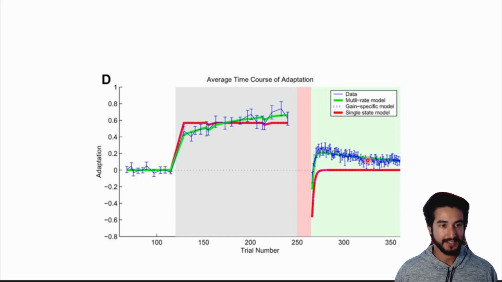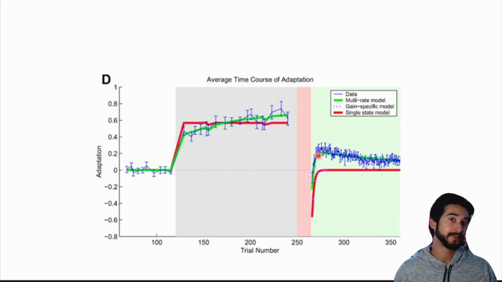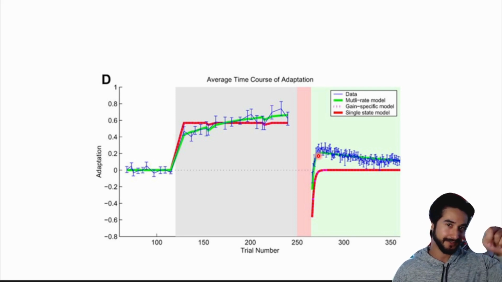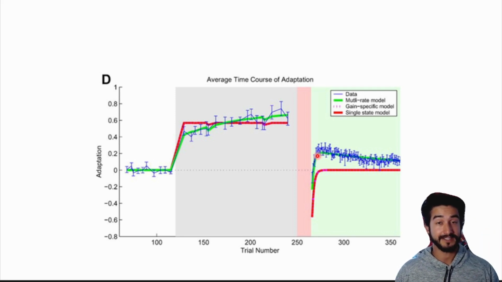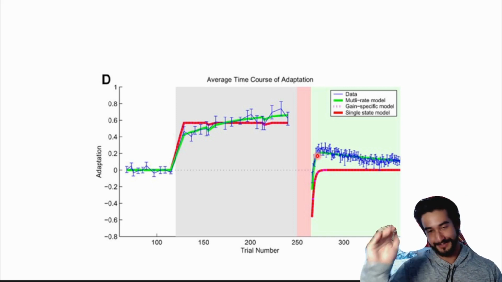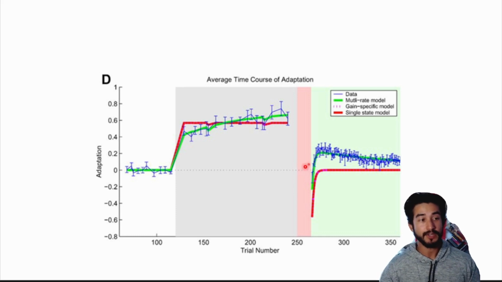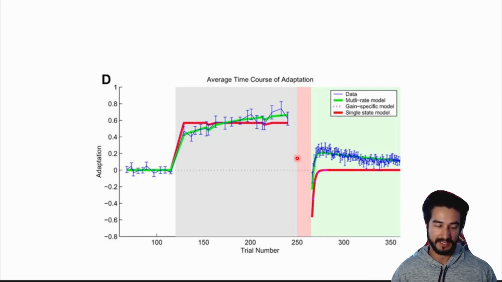And so why is it able to do that? It's because it has 2 learning rates, the fast one and the slow one. The fast state has a fast learning rate and fast decay, whereas the slow state has a slow learning rate and a slow decay. So even though the de-adaptation trials wash out most of the learning, it's only washing out the fast state.